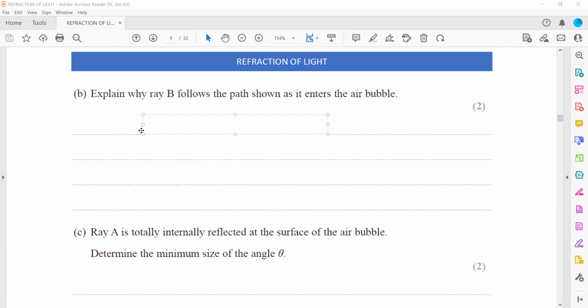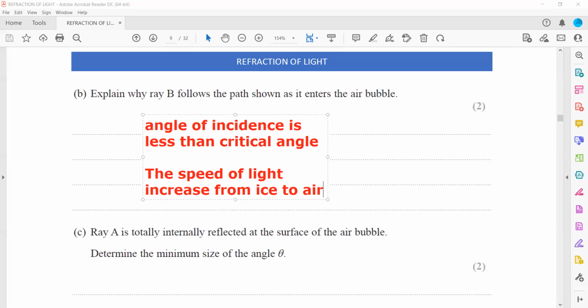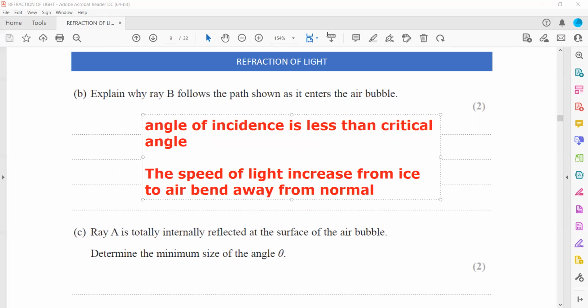The first point: the angle of incidence is less than the critical angle. And the second point: the speed of the light increases from ice to air, so as a result, it will bend away from the normal. These are the points which you should mention when explaining why it took path B.